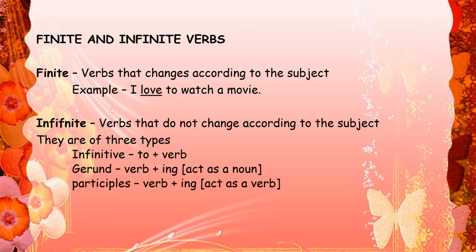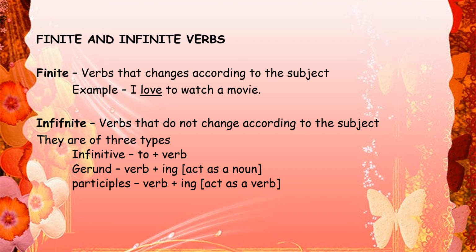Then we have gerund and participle. Gerund is verb plus ing, where verb plus ing is a noun. So gerund is actually a noun which is in the form of a verb. Participle is also verb plus ing, but it is acting as a verb. For example, if I say, I love swimming, or I am swimming in the pool.